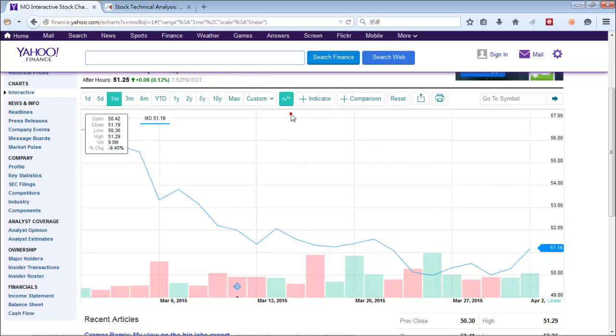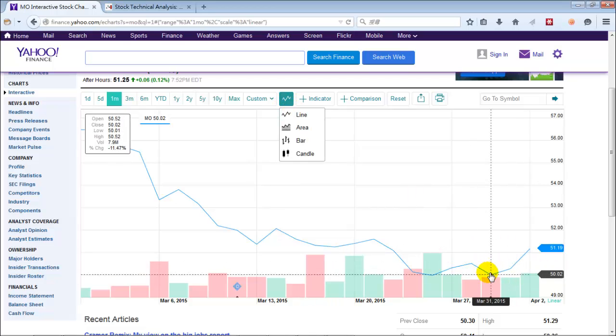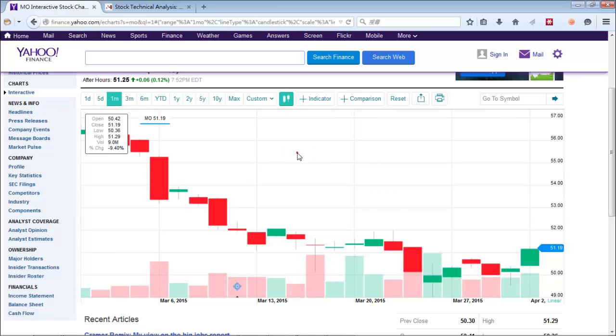If you look at the lines, you can see the bearish trend. So we had a bearish trend, the hammer stick occurred, which shows that it should be going upward after that. And the last candlestick, that on April 2nd, confirmed that reversal pattern. So now it's time to get in on MO.